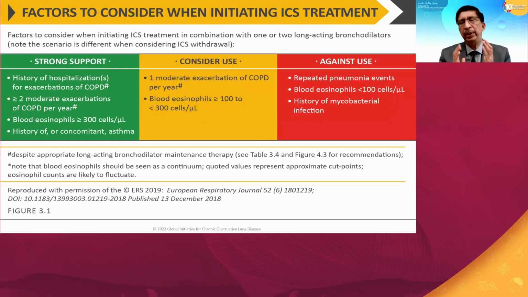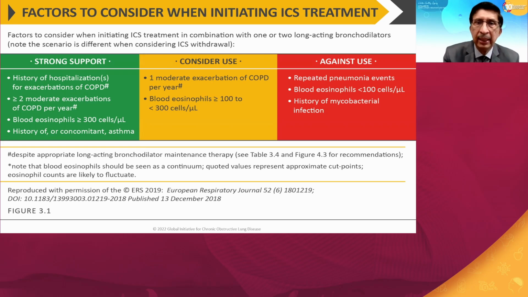Now, when do we introduce inhaled corticosteroids? There is very strong support if the patient has been hospitalized more than 2 times. But the most important 2 things are that the blood eosinophil level should be more than 300, and there must be a concomitant history of asthma for a long time, where he has progressed through an overlap syndrome into COPD.